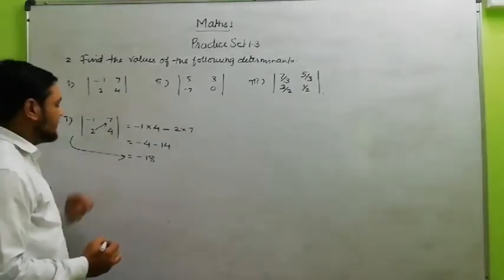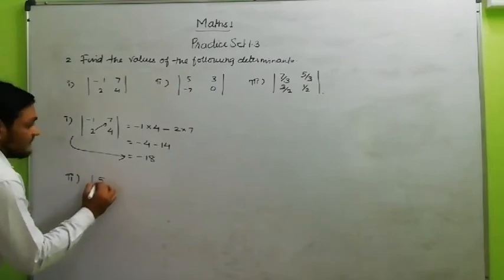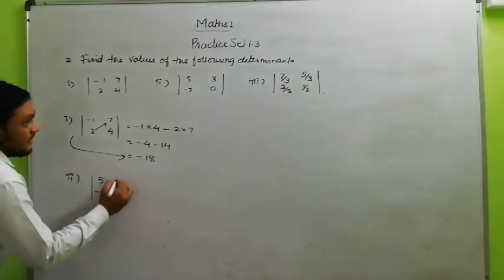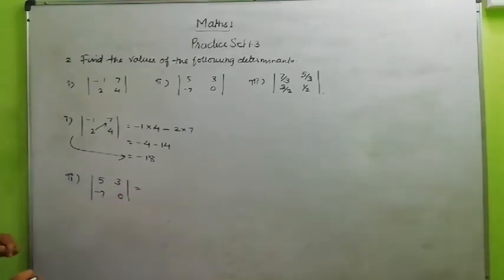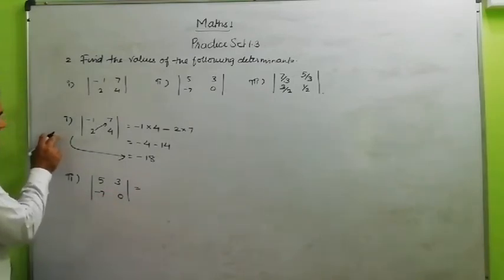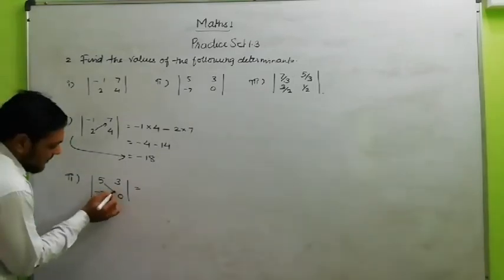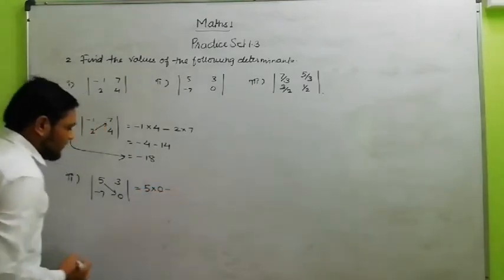Now we will move towards the second determinant. It is 5, negative 7, 3 and 0. Let us find its value. We will apply the same method here. This 5 will be multiplied by 0, and the negative sign will be given here.